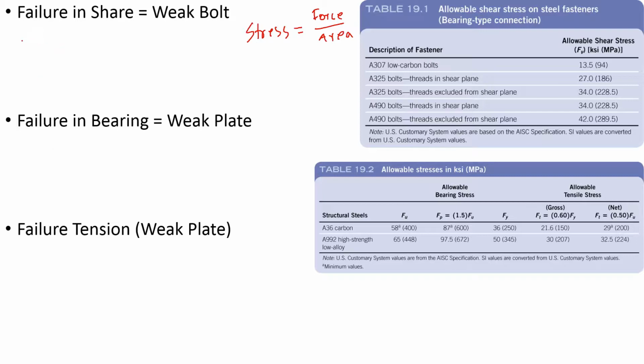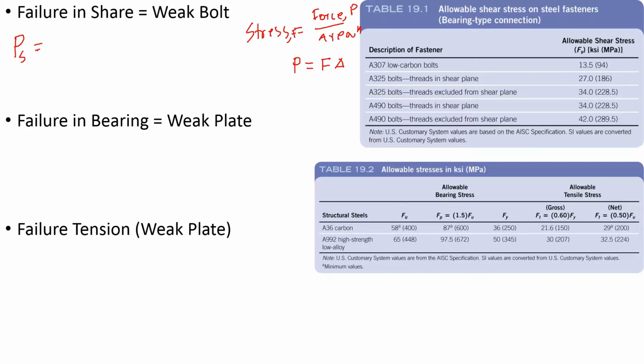Now, for failure due to shear load, if we express load using P, then the stress is F and the area is A. So basically we can calculate load P equal to stress times the area.